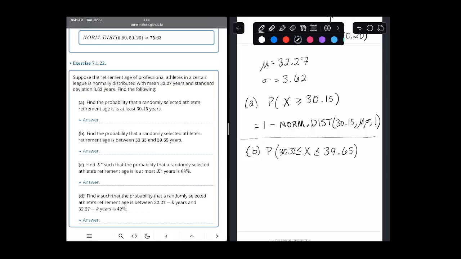Here, again, I want to find a probability, so I'm going to want to use norm.dist, and first I'll plug in the bigger number, and then the mean and the standard deviation, and true, and then we need to subtract the area to the left of the smaller number. So subtract norm.dist of 30.33, and then our mean and our standard deviation and true.